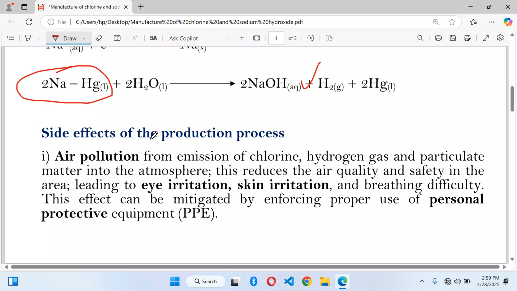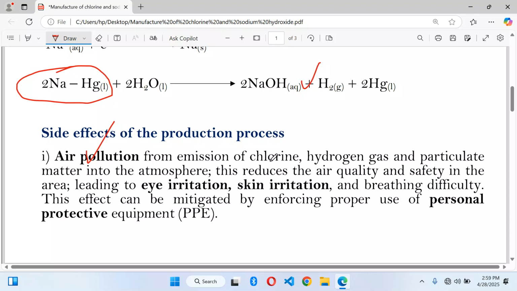Now, we're saying that during the production of sodium hydroxide, there can be air pollution, and you get a score. Air pollution is the danger, a side effect of the production process. So air pollution from what? From emission of chlorine.